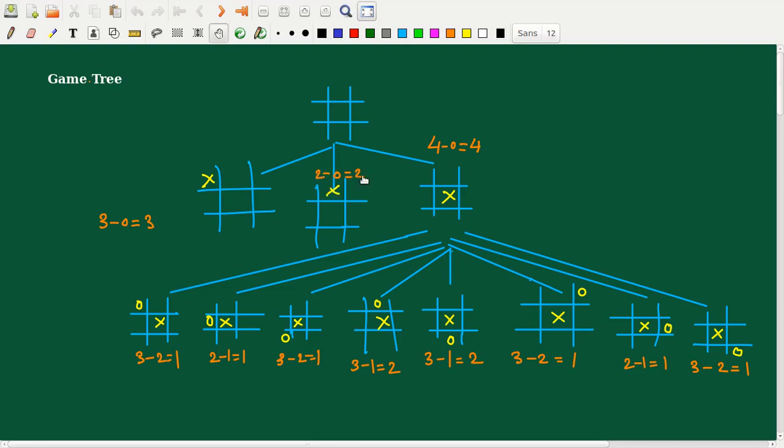And if the player puts a sign in between this region, then he has 4 chances of winning, which is the maximum. So the machine will automatically select this node because it has the maximum chances of winning, and if the machine is interested in a win or success, it will definitely select this way.